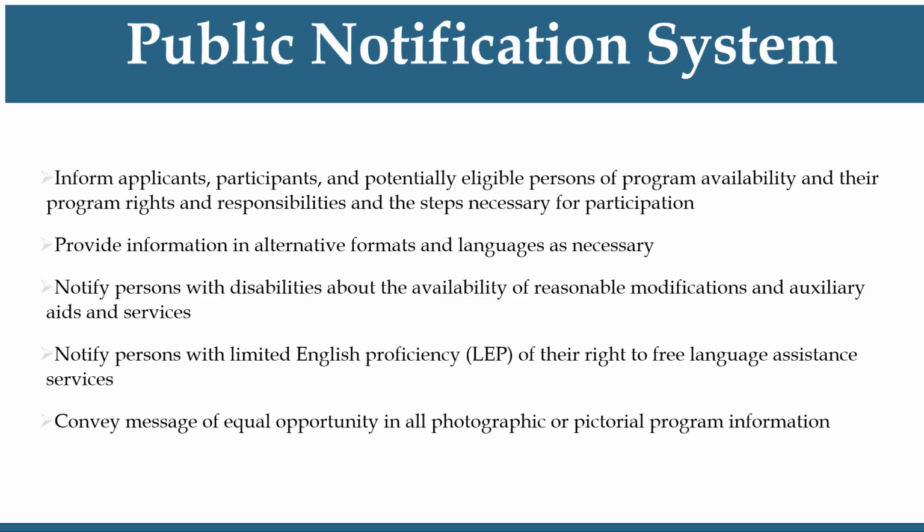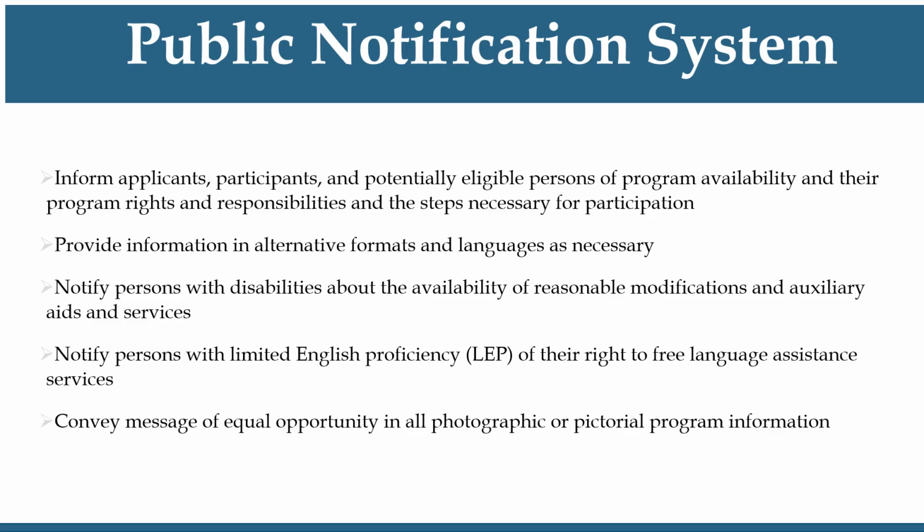You're required to have a public notification system that lets applicants, participants, and potentially eligible people know about the availability of the program and what they need to do to sign up for it. It's important that you have this information available in alternative formats and languages as necessary.